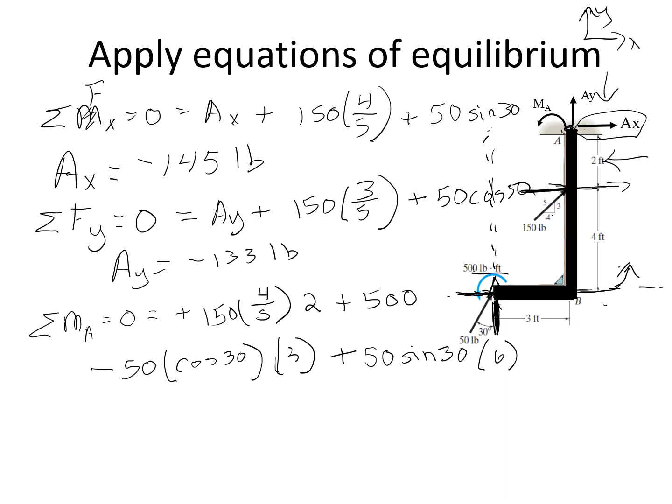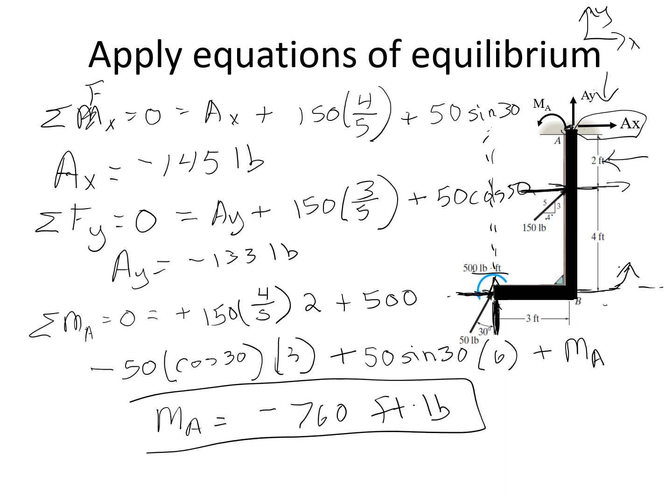And then we also have, almost forgot, the MA, which is what we are solving for. And if you solve this out, rearrange the equation, you will get MA is equal to negative 760 foot-pounds.